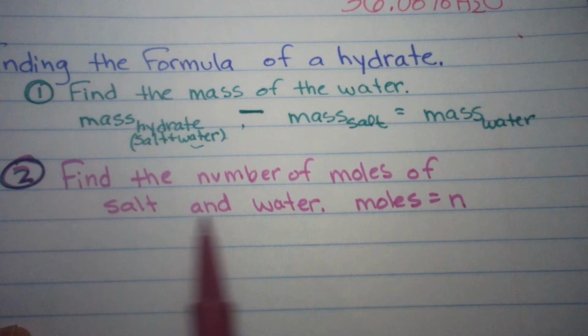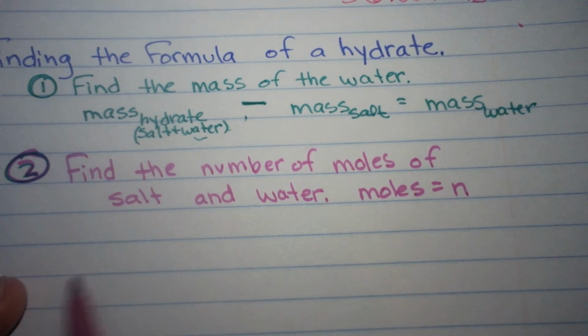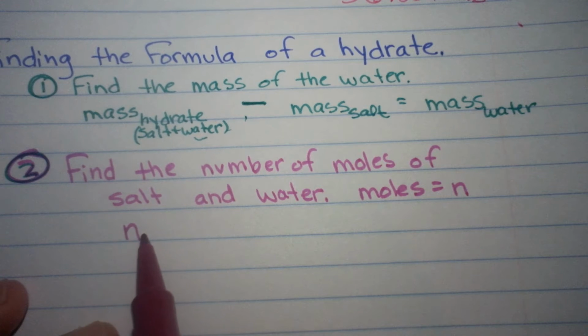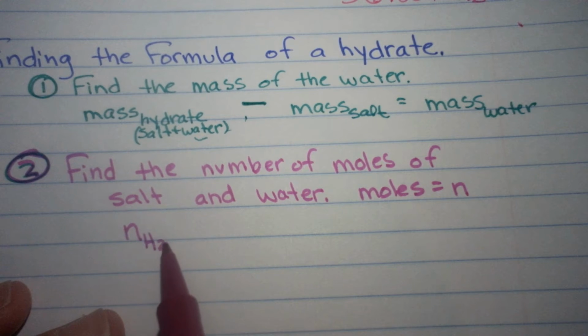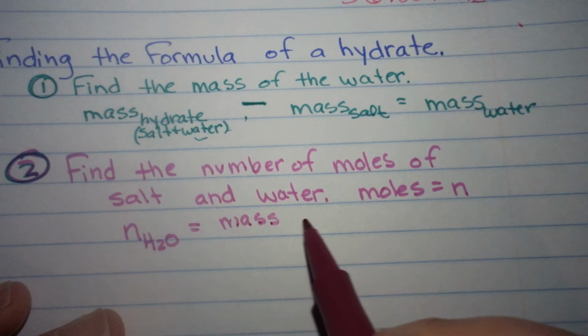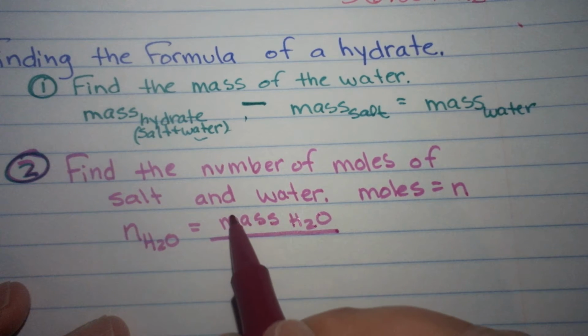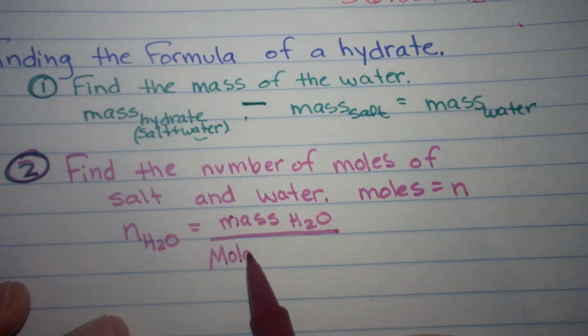The way that you find the number of moles of salt or water is, I'll go ahead and write it just like you will see it. The moles of water equals the mass of water divided by the molar mass of water.